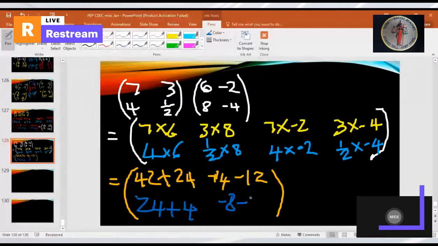So now we just add these. And we need just a small set of brackets now for our 2 by 2 matrix. 42 plus 24, and that will give you 66.